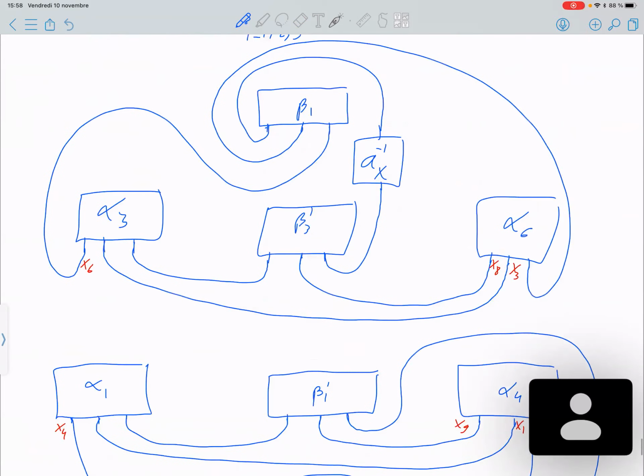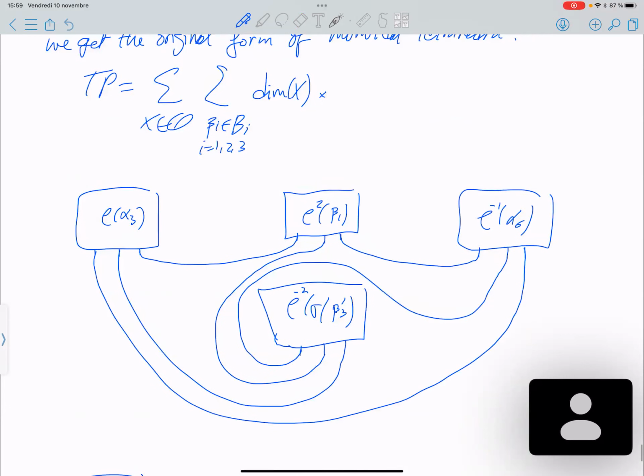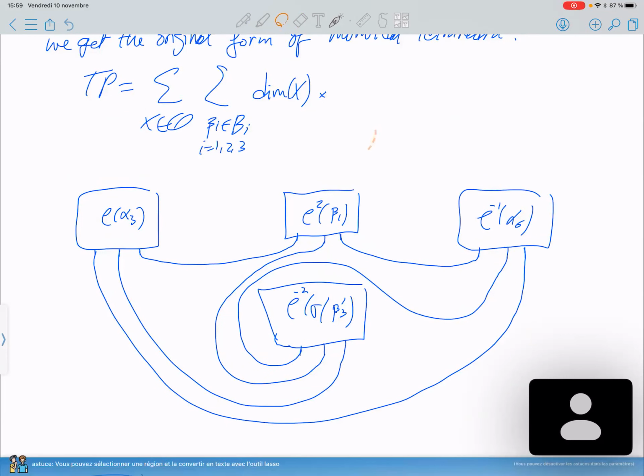Then this is exactly the same shape. No room.